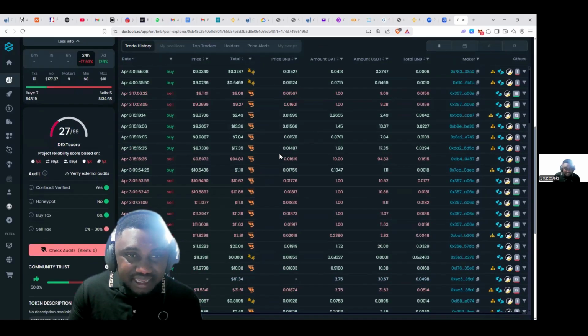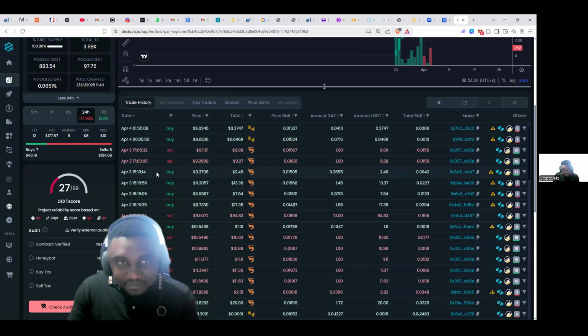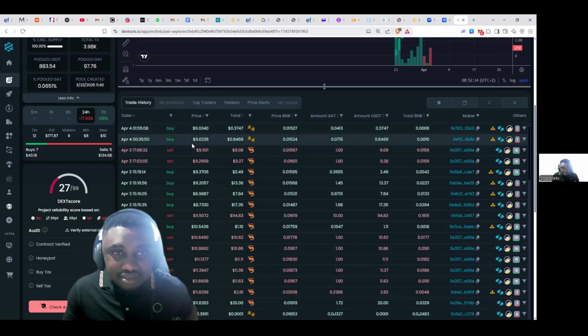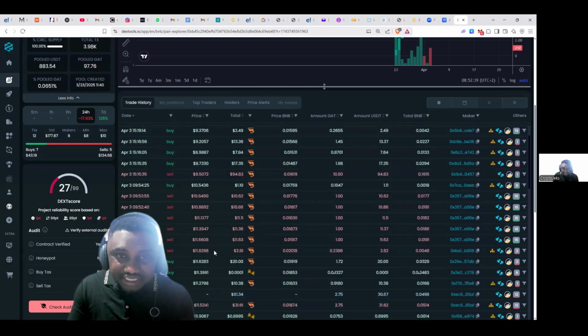You can see here, today is 4th of April. So far today, only about $9, $18 worth of GAT has been bought. So there is not much liquidity yet.